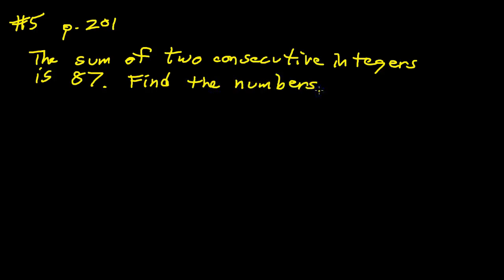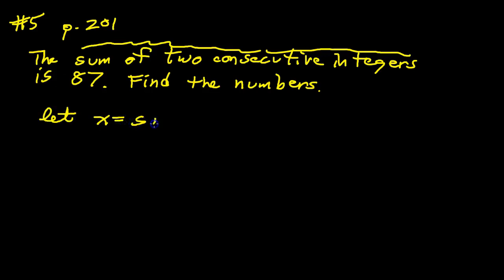Again, we need a let statement to begin with, and then an equation based on the given information. The sum of two consecutive integers. Well, what I could do is say let x be the smaller of the two consecutive integers, and then x plus 1 is going to be the larger, right?